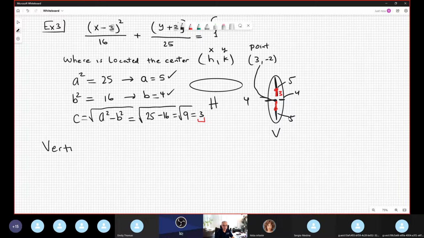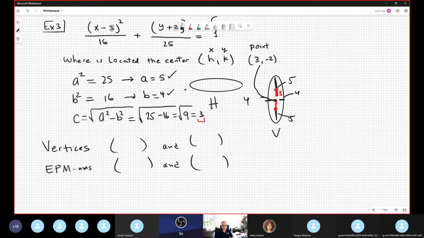Vertex, 2 vertex, endpoint, minor axis, 2 endpoint minor axis, something comma something and something comma something. We go to Desmos, you see in Desmos, and copy that.